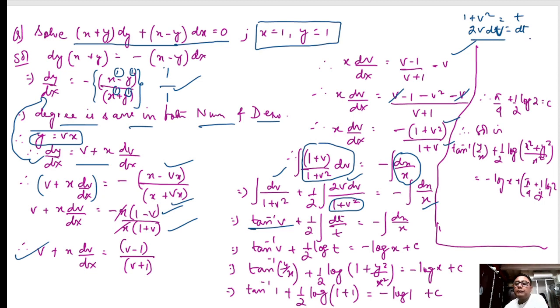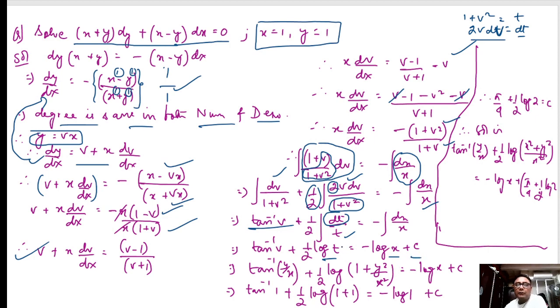So 2v dv means dt. So here we have adjusted half and 2. This part we are separating, and we are adjusting with half, and now 2v dv is equal to dt. So instead of this I write dt, and 1 plus v square I have taken as t. So the integration of dt by t becomes log t, and this is log x plus c.